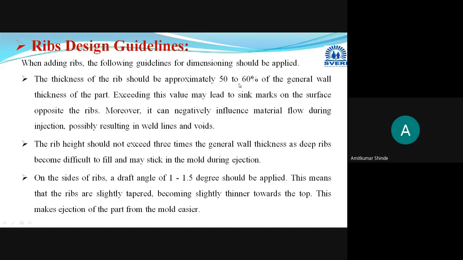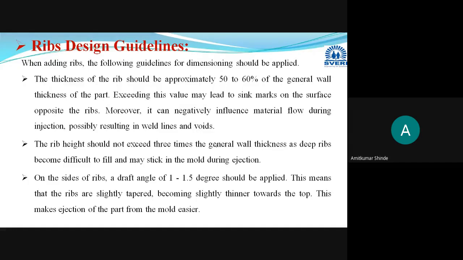Sometimes you can go up to 70 or 80% also. Whichever wall thickness you have used for designing that plastic part, you have to take 50 to 70% of that wall thickness as the rib thickness.